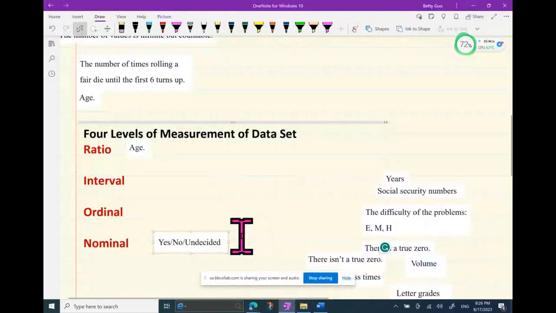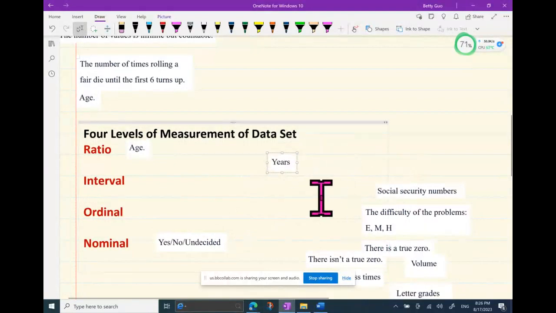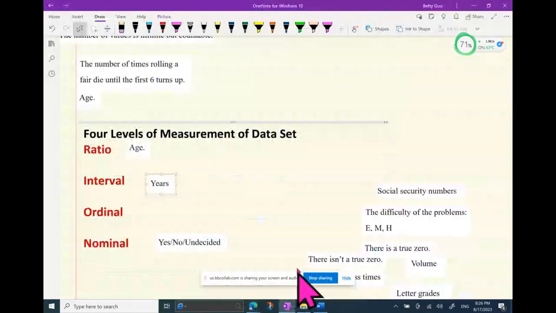Yes, no, undecided, perfect. What about this? Years. We mentioned that earlier, right? This one does not have a true zero, so we can only subtract, make a difference horizontally, and cannot take a vertical ratio. So it's an interval. Interval, awesome, very good. You guys are great.